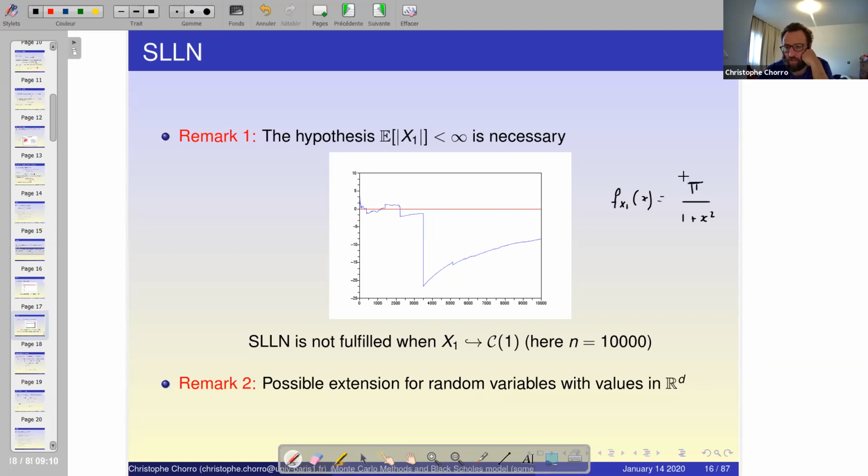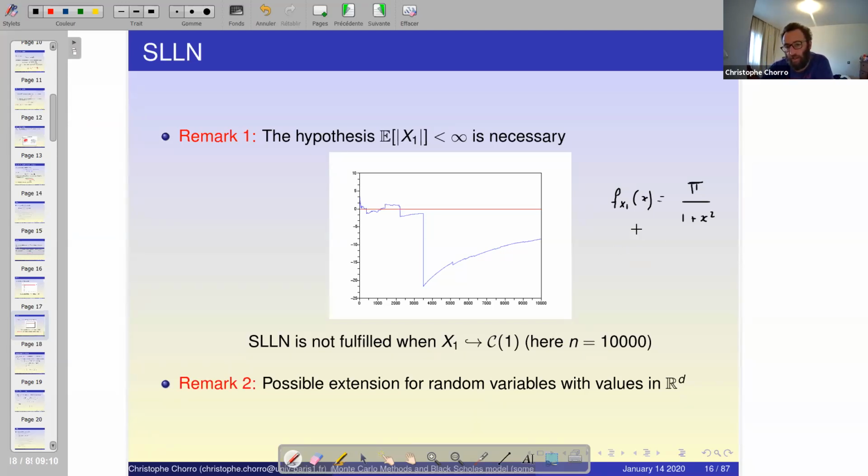I can see very easily that I don't have an expectation, because if you multiply this term by x, you have something equivalent to 1 over x at plus and minus infinity, which doesn't converge.